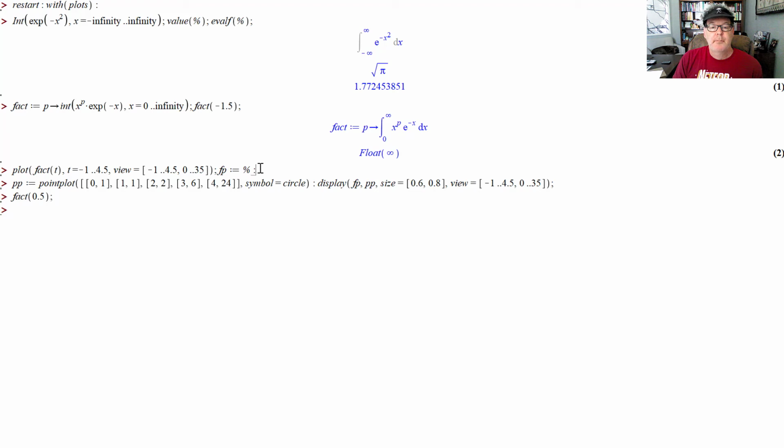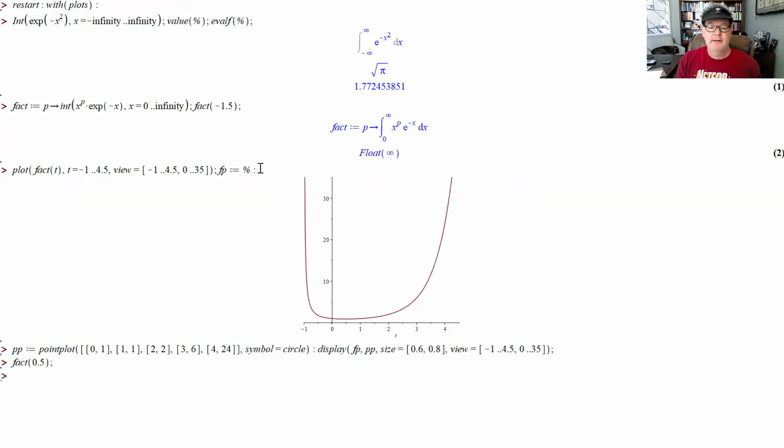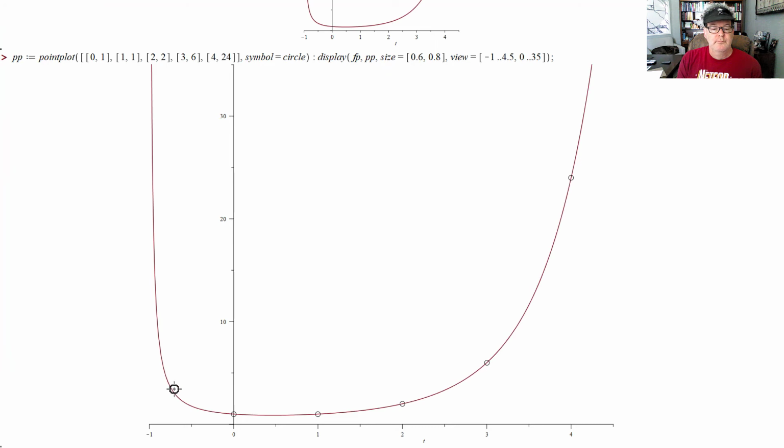I can plot the function and maybe zoom in. Right, so at 0 it's 1, at 1 it's 1, at 2 it's 2, at 3 it's 6, and at 4 it's 24. Those are labeled.